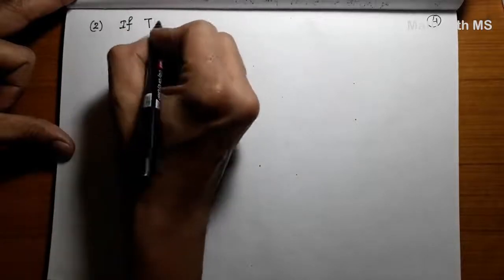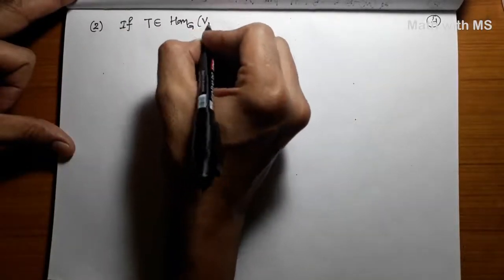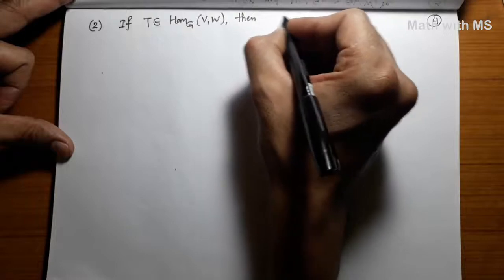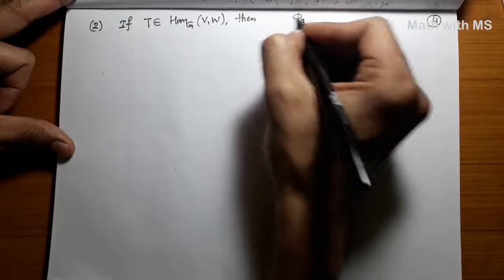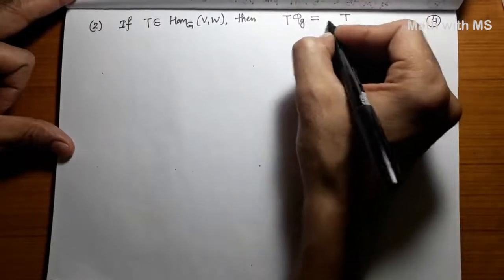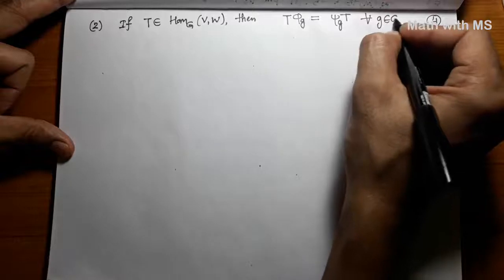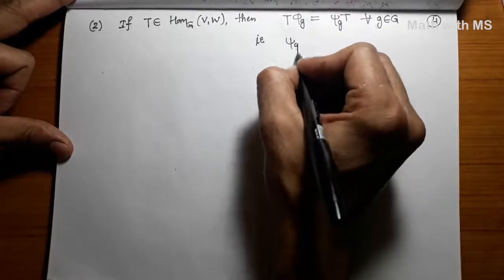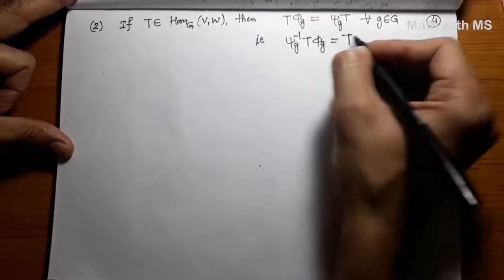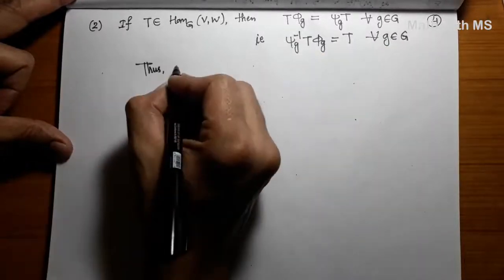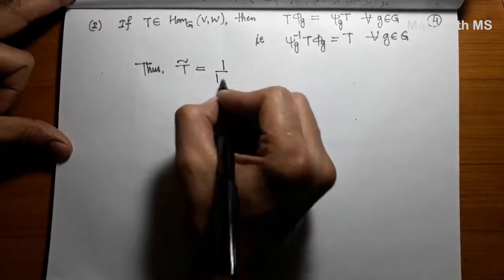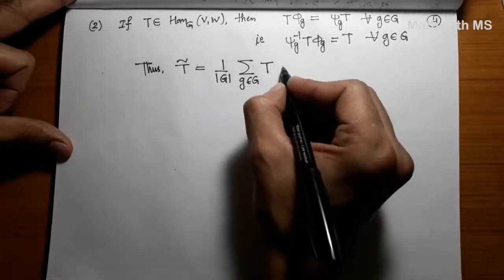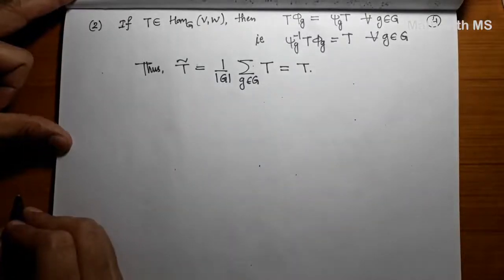If your T is actually a morphism, in Hom_G(V, W), then you know that phi G followed by T is the same as T followed by psi G for all G in the group G. That is, psi G inverse T phi G is T for all G in the group G. So thus your T tilde, which is 1 by order of the group G, summation over G in the group G of this kind of sums, is just you are summing T that many times and it is the same as T. So this is pretty simple.